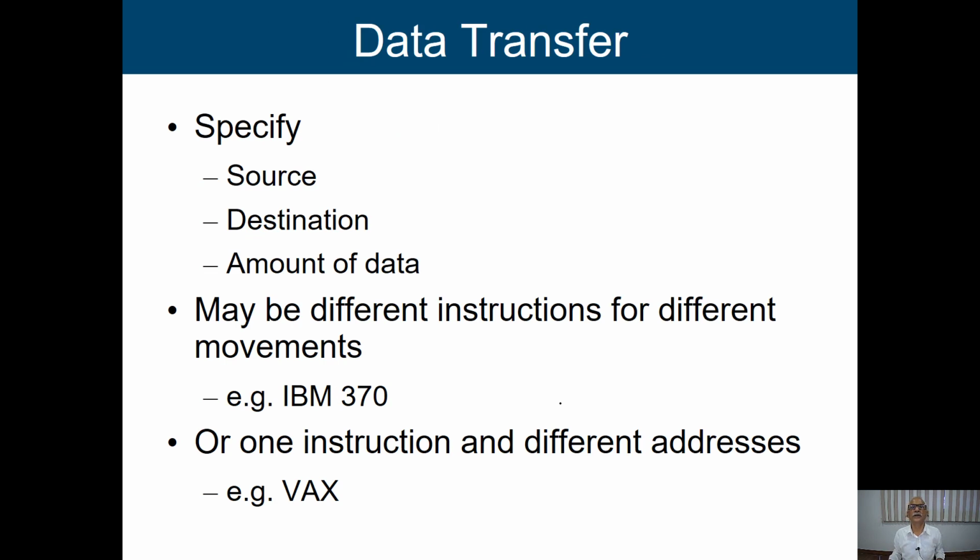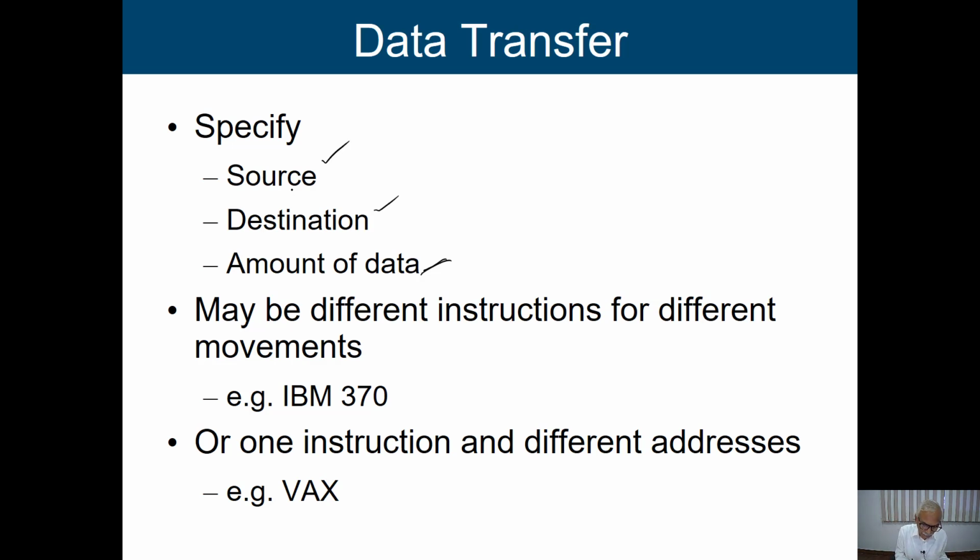So in case of data transfer, generally we specify what is the source, what is the destination, and the amount of data that we are going to transfer. Okay. So you may think something like that. Say you are bringing your information in a pen drive. Say you have a file in your pen drive. Now from this pen drive, you want to transfer it to the hard disk of the computer.